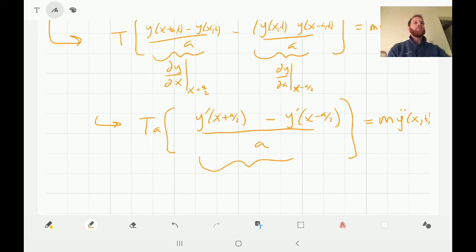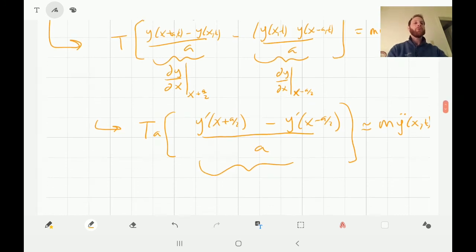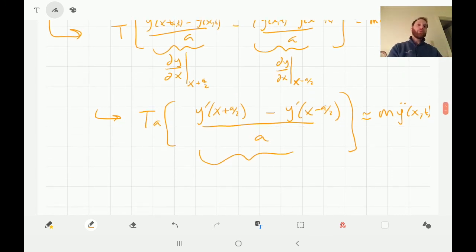If you want to be snooty about it, we'll say this is approximately true. This is like taking the derivative again of y prime. In other words, this is approximately y double prime evaluated at x, because now we're somewhere between x minus a and x plus a. And now I'll be a little more careful and write in the fact that the time is there as well.